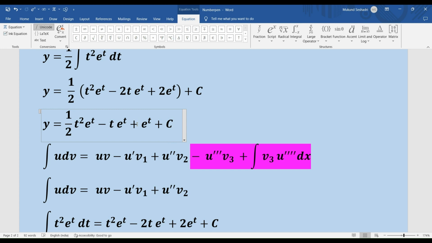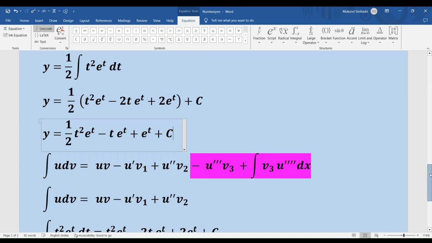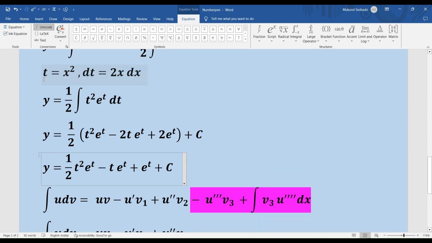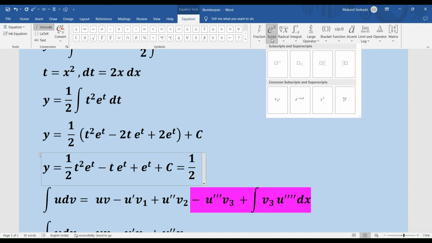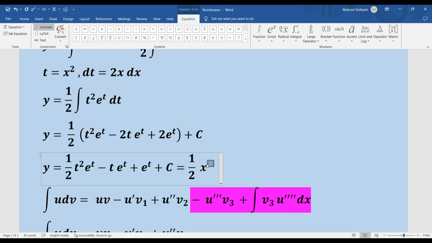But everything is in the form of t, and I'll have to put back everything in the form of x. That's not very complicated because the substitution that I made is t equals x square. So what is my t square? My t square is nothing but x to the power 4, and my e to the power t is nothing but e to the power x square.